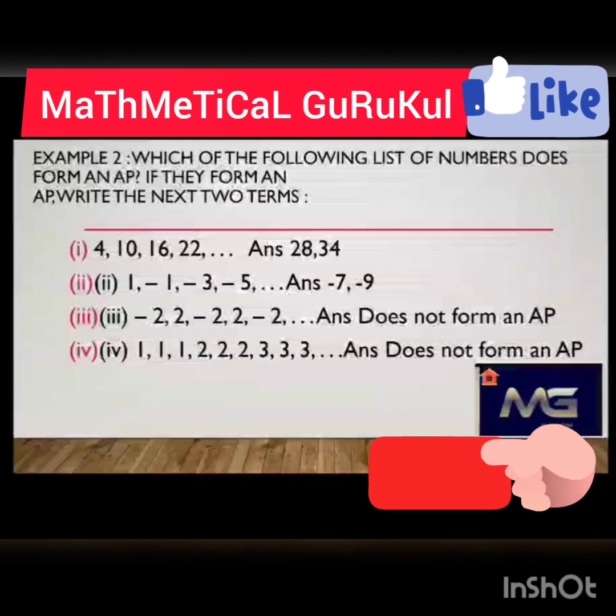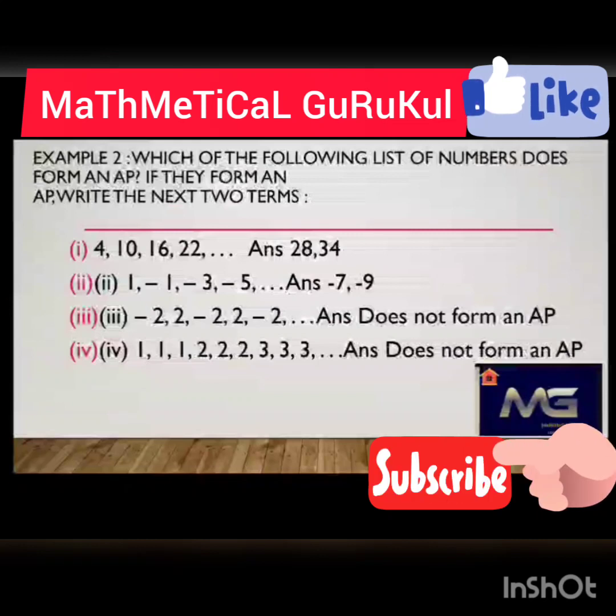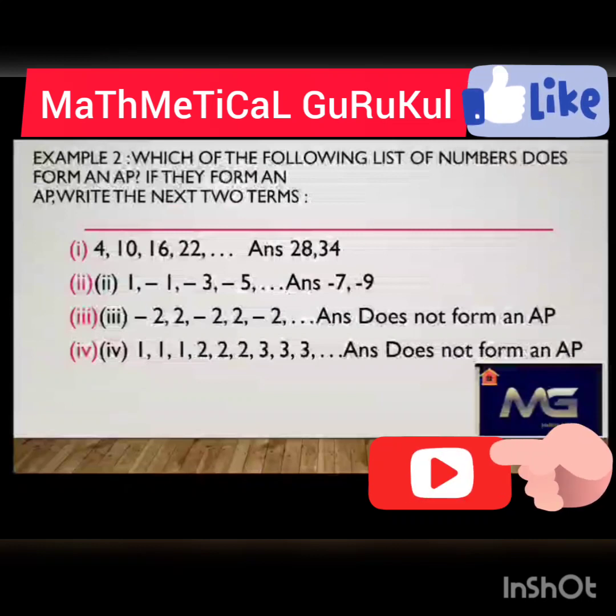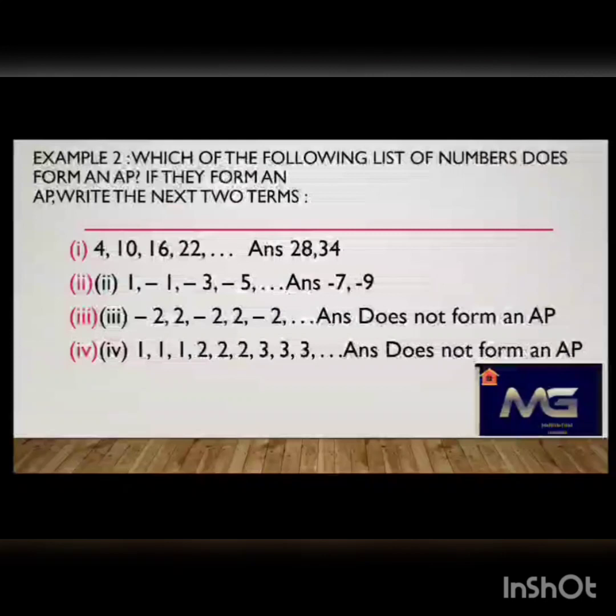The common difference in these terms also varies: 0, 0, 1, 0, 0, 1. It is not the same pattern, so it proves that it is not an AP. It's just a list of numbers. So the answer: it does not form an AP.